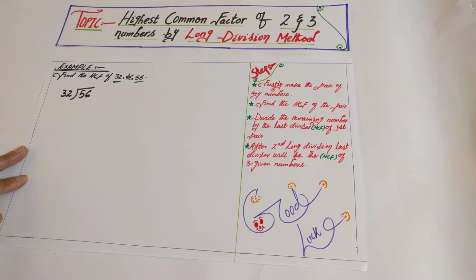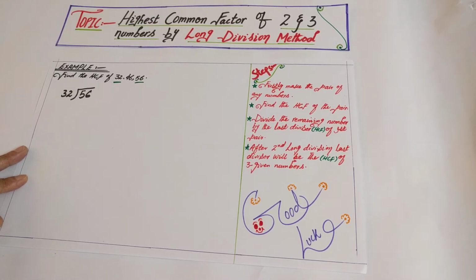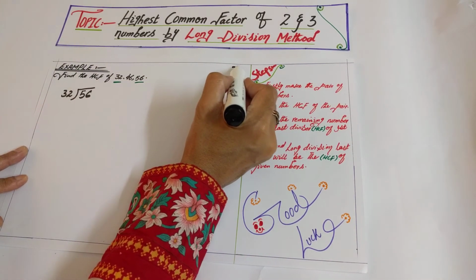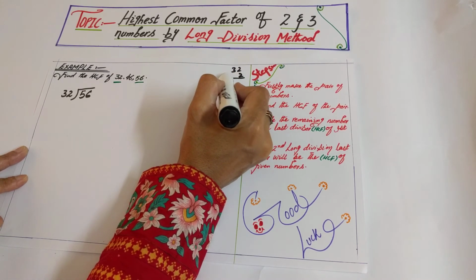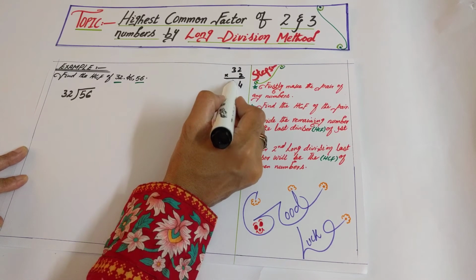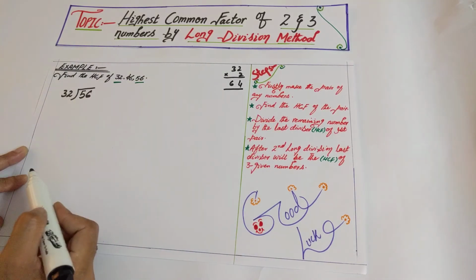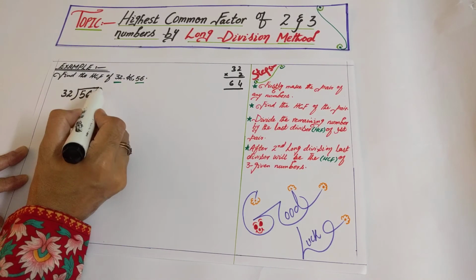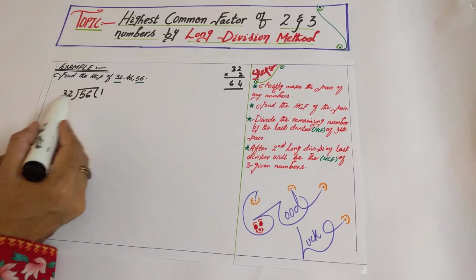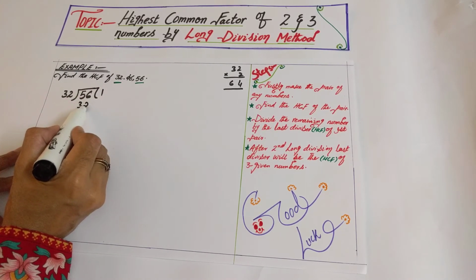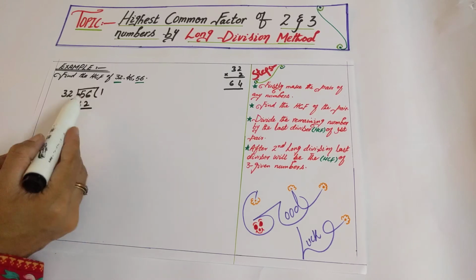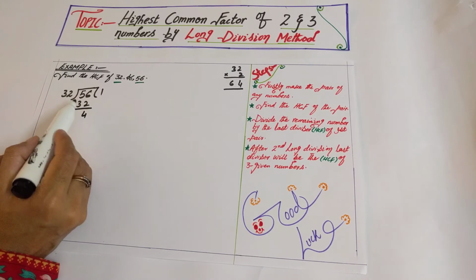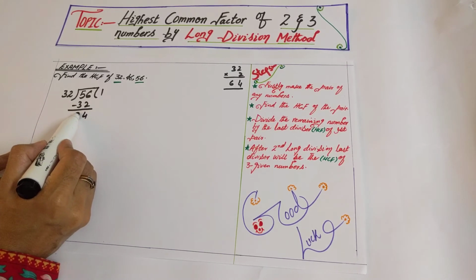32 ones are 32. Let's check 32 by 2. 2 twos are 4, 3 twos are 6, 64. 64 is greater than 56, so we will move back and use 1. 32 ones are 32. 6 minus 2 is 4. 5 minus 3 is equal to 2.